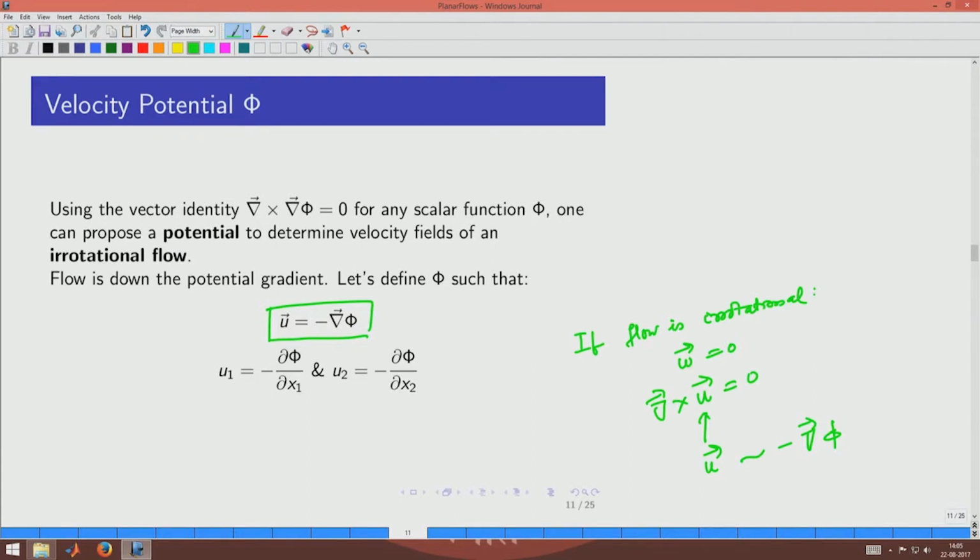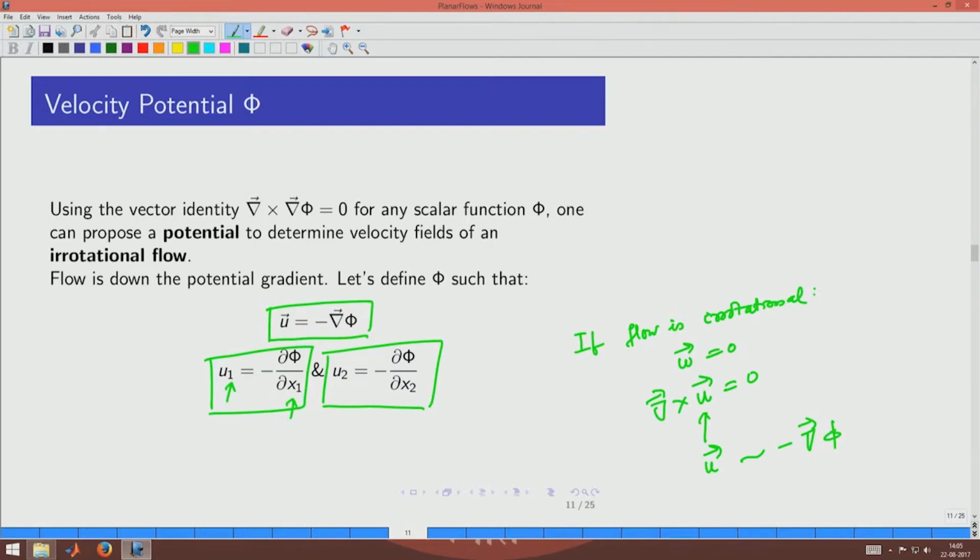So, we have one more way by which we can generate the velocity components, that is by using the velocity potential. You could see that the way velocity potential is used to create the velocity components is given by this expression. You could see that this is different from the stream function expressions. The indices are matching here, and in the case of a stream function they will be opposite.